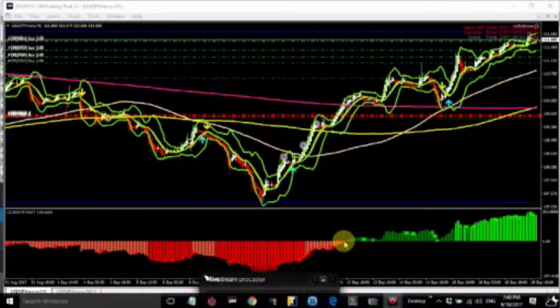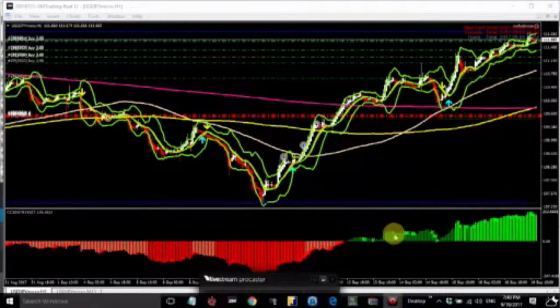We have this kind of thing also like MACD. Okay, MACD all depends on the settings, but the setting you see here is CCI 200 period, based on this 200 period moving average.